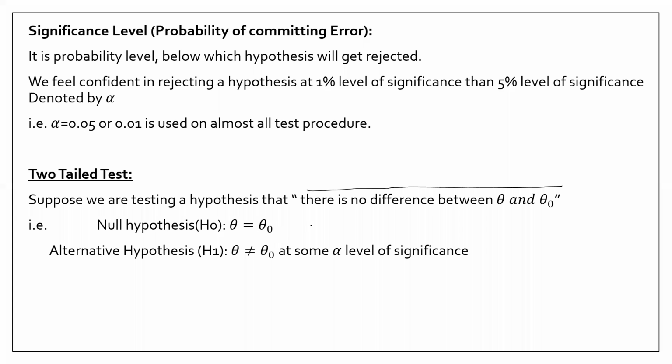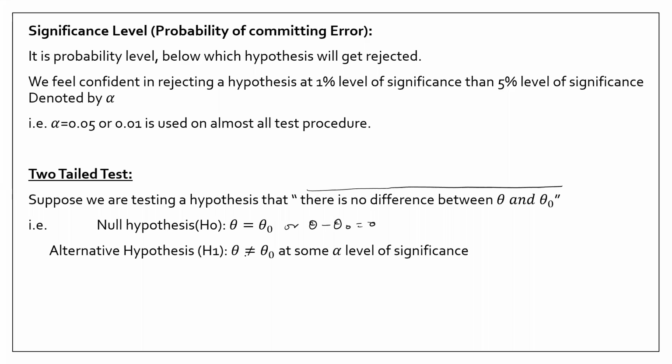If there is no significant difference between theta and theta naught, these are any random parameters taken. If there is no significant difference, then your theta will be the same as theta naught, or we can say your theta minus theta naught is equal to 0. So your alternative hypothesis will be the reverse of that.